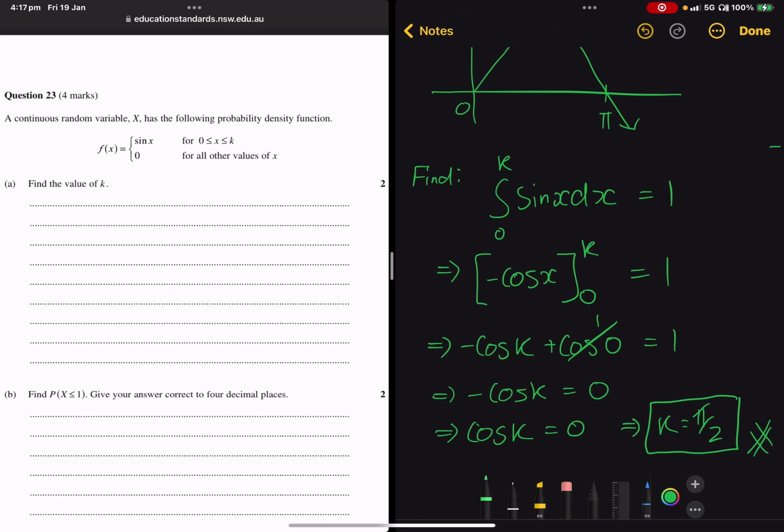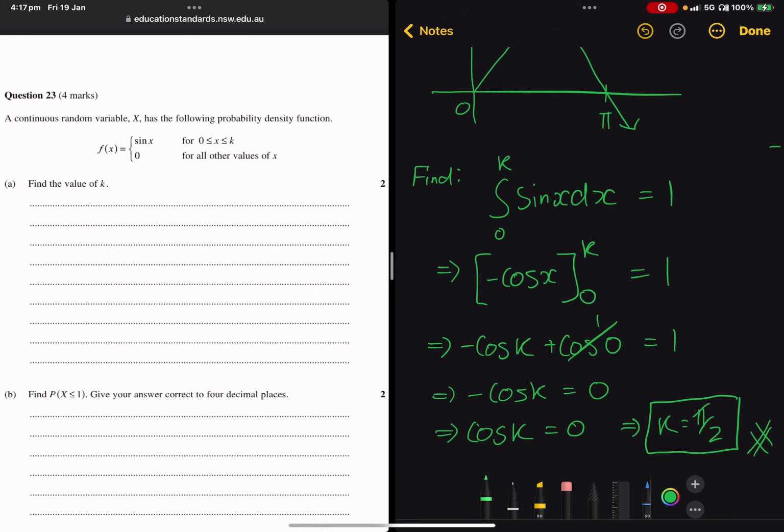Now we're asked, find the probability that x is less than or equal to 1 and give your answer correct to 4 decimal places. When we're doing probability densities, to find probabilities, we have particular formulas for these. We've just calculated what k is, and it's asking us about a particular probability.